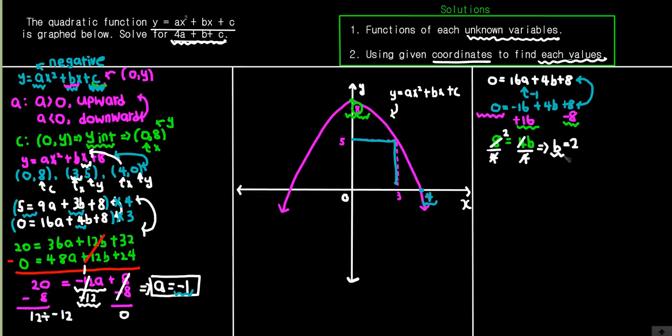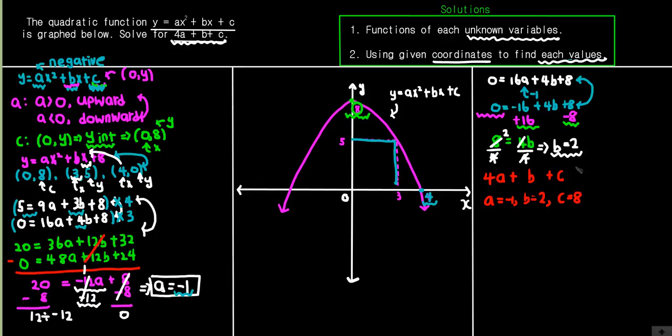So we figured out the value of b is 2, but we are trying to find the value of 4a plus b plus c. If you write our ultimate goal down, 4a plus b plus c. We know that the value of a is -1, the value of b is a positive 2, and the value of c is a positive 8.